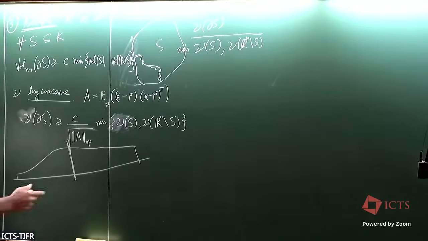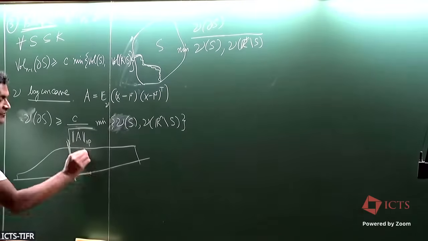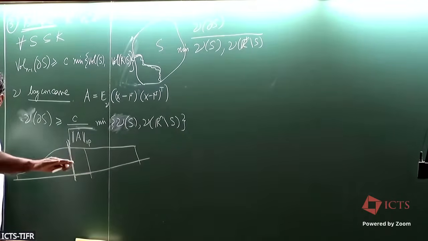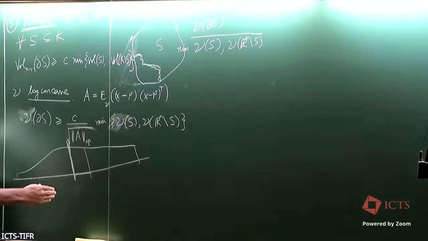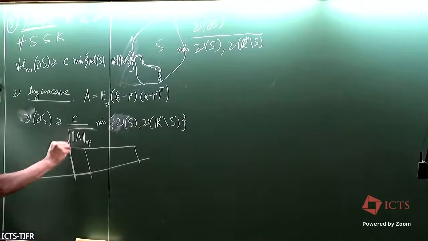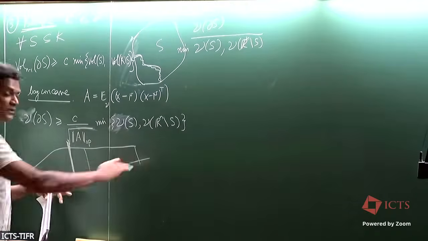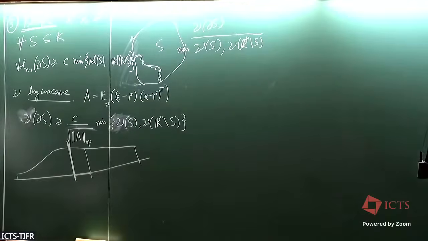The reason is simply, once you go 1 standard deviation out, the measure drops off very fast. So the measure is basically proportional to standard deviation times whatever is the cutting area of the surface. So you're done. So the area of what you're cutting divided by the volume is constant over standard deviation. So this inequality is simply true if you only consider half space cuts, because in every other direction, this is only smaller. But the conjecture is that half space cuts are nearly the worst possible, up to universal constant factor.